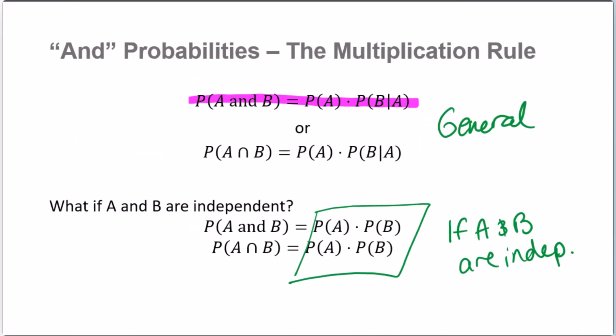So when I'm thinking about the multiplication rule and I have this sort of general case and the independent case, there are some examples where we can treat events as being independent even though they're not really independent, just because the change between the conditional probability versus the non-conditional probability is so slight that it doesn't really make a difference.